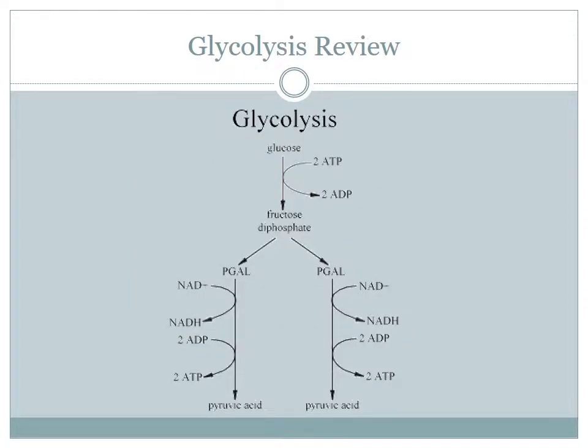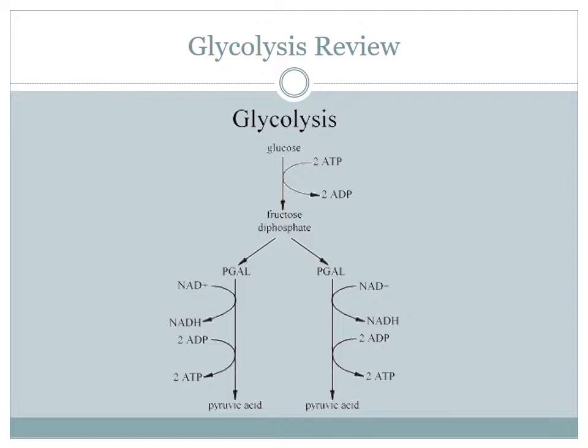First step, glycolysis. Breaking apart a carbohydrate. We're going to take a molecule of glucose and break it down into pyruvic acid or pyruvate. Those are the same thing. In order to get this process going, 2 ATP go in to start it. Sort of like kickstarts it. 2 ADP come out.